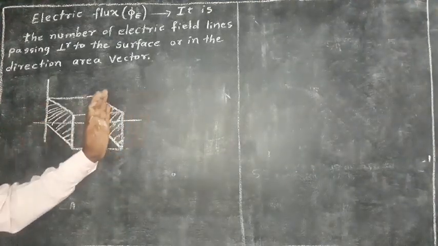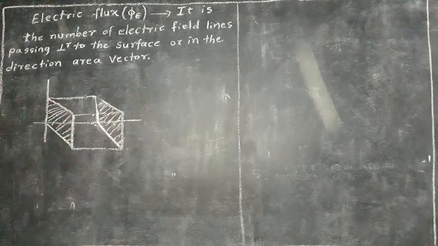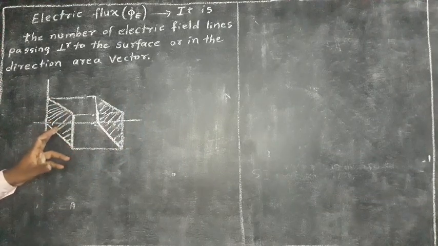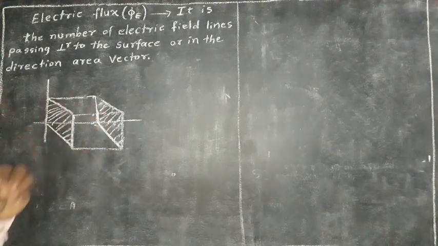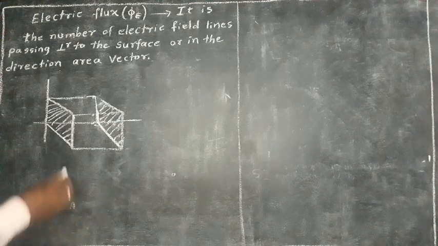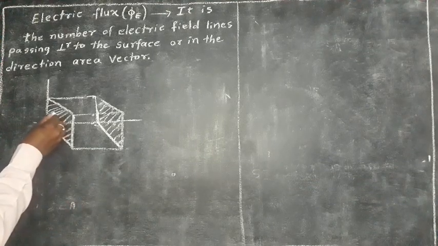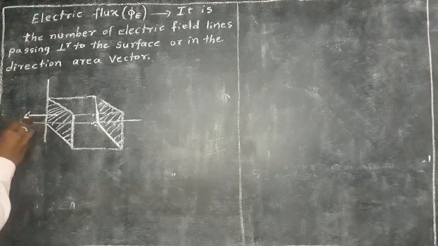It is the right surface, it is the left surface. And for a closed surface like a cube, sphere or cylinder, the area vector is always the outward normal.